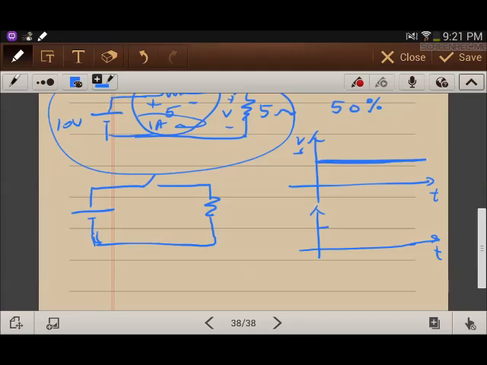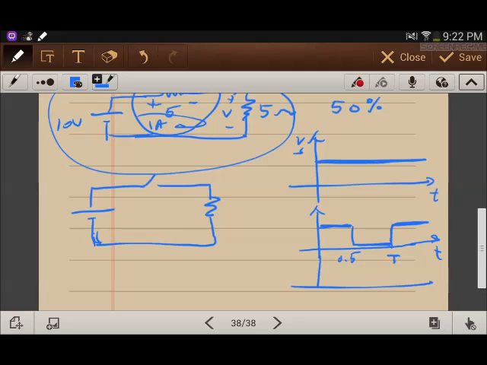So let's say the voltage will appear across the resistor for 50% of the cycle, on in 50% and off for the other 50%. So we call this the period.